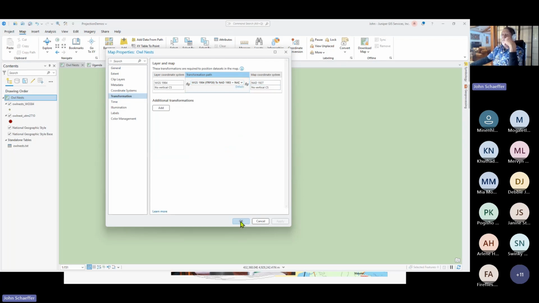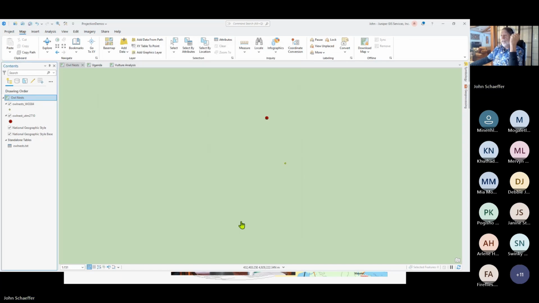But obviously, that's not the best because I'm off by 8 meters. This is a situation where ArcGIS is also making use of the base map in order to determine what the best transformation is.